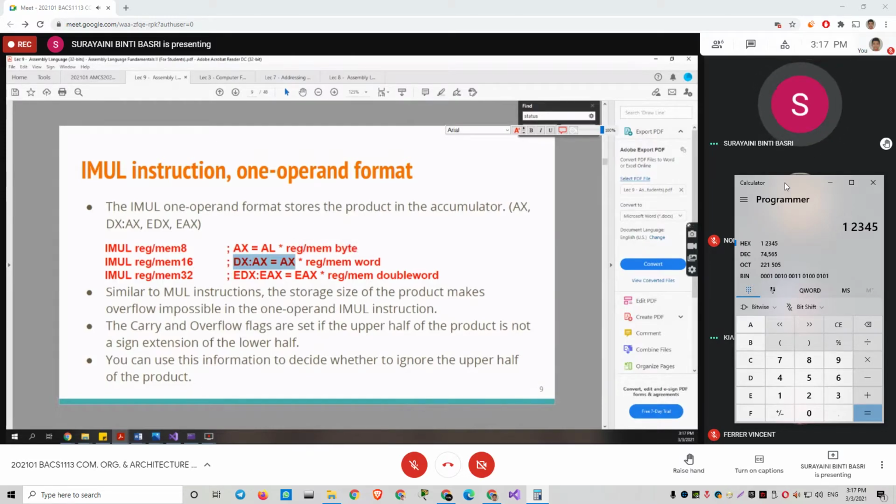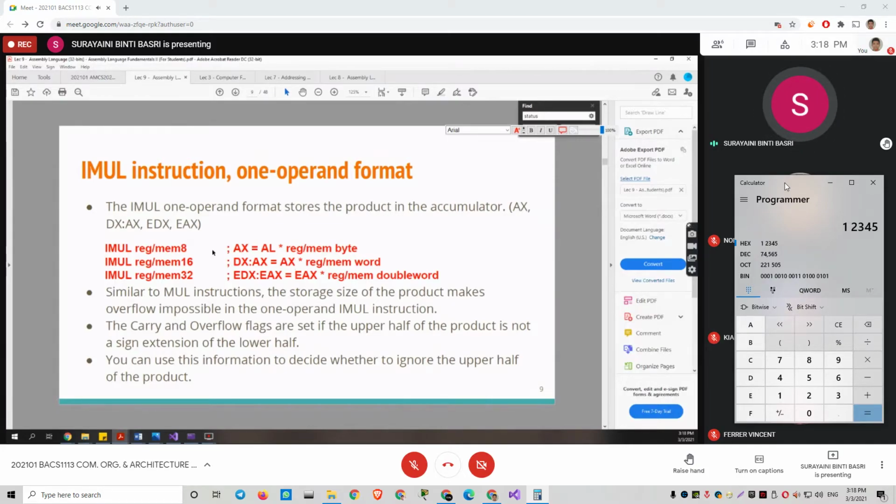For the signed number, must both the multiplier and the multiplicand be signed numbers, or can only one be signed number? Only one is also fine.